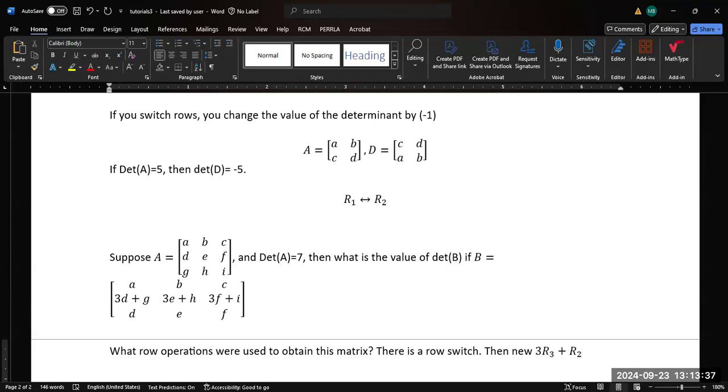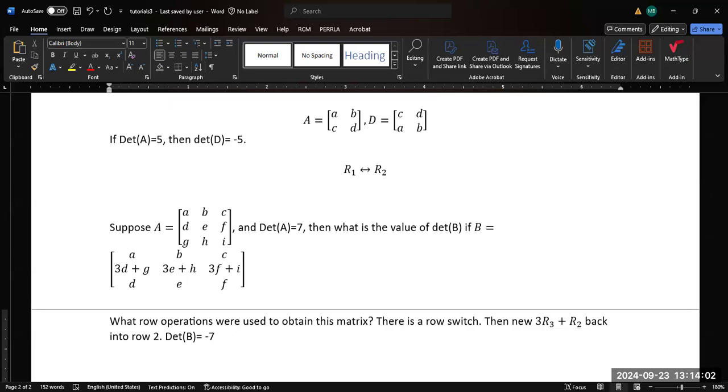So because it's going back into row 2, that did not add an additional change. So what we can say is, therefore, det B should be equal to -7, and that's it. So we changed the sign because we flipped those 2 rows, but because we added a multiple of this row into a different row, that did not change the value of the determinant.